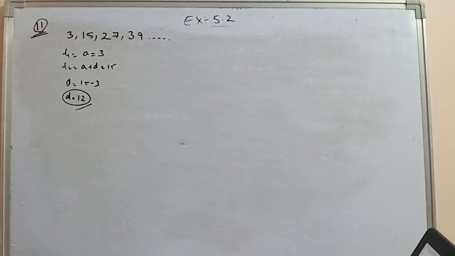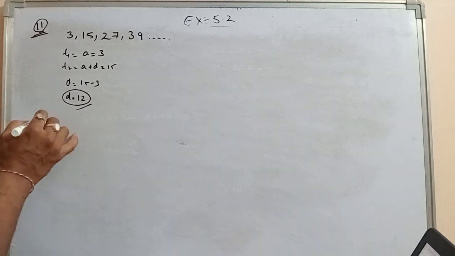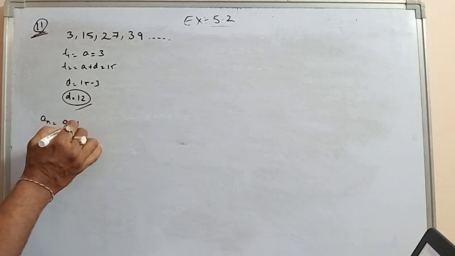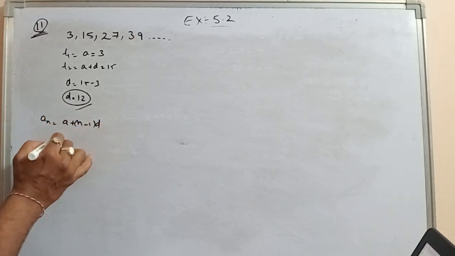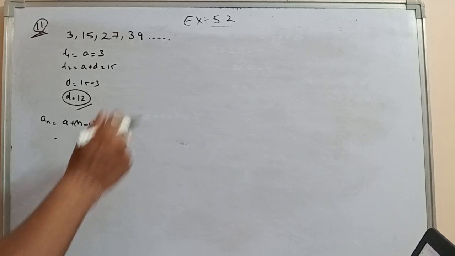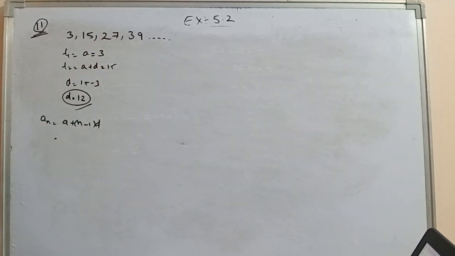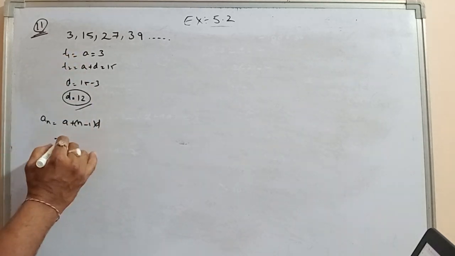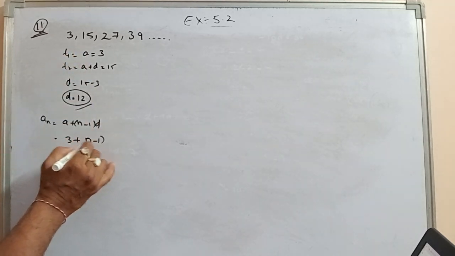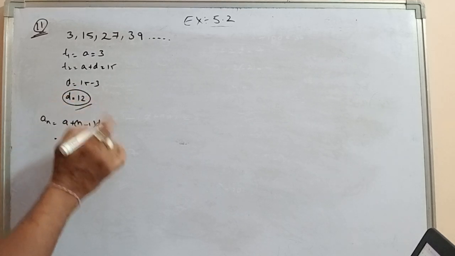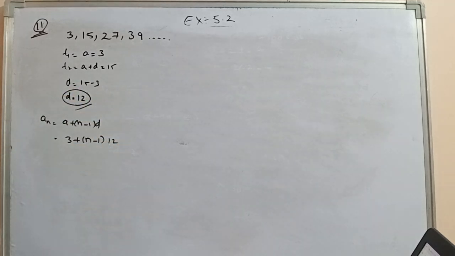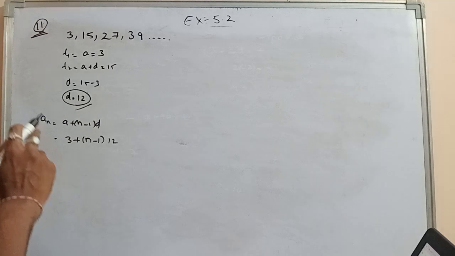So we know that an is equals to a plus n minus 1 into d. What is the value of an? We don't know. The value of a we know is 3 plus n minus 1 into d, which is 12. What we have to find is the 54th term, right?